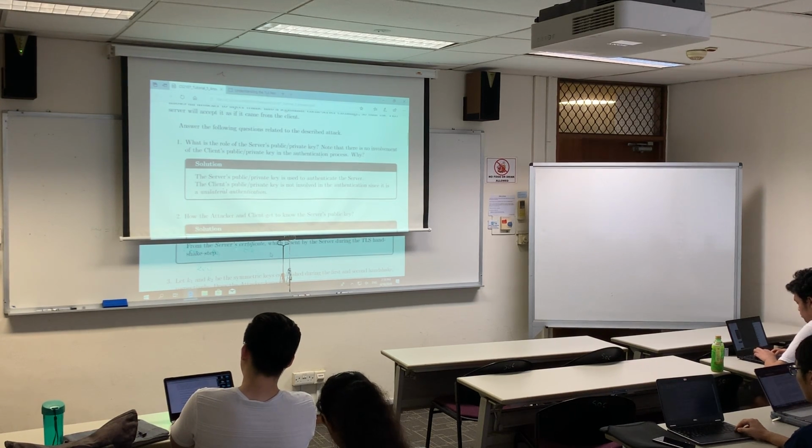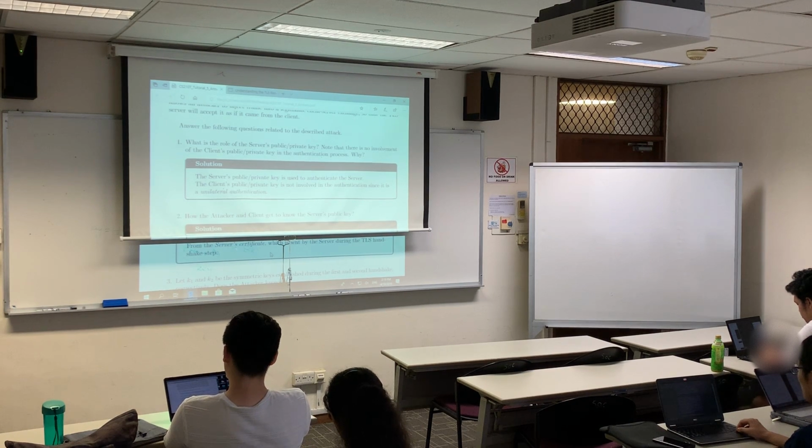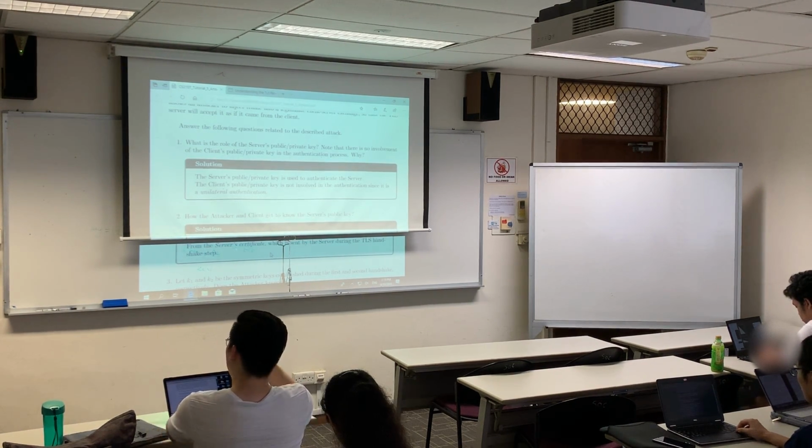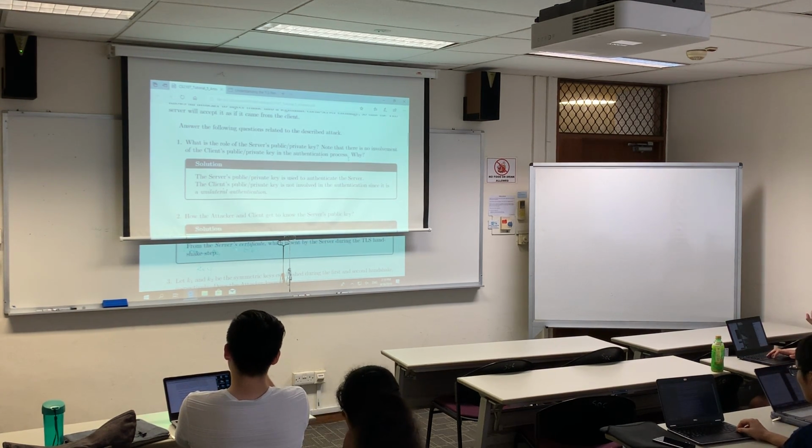So the first question is what's the role of the server's public key and private key? Of course, they are used to do the server authentication. Because when the server sends a certificate to the client, the client can use this certificate and public key to authenticate the server. And there is no involvement of the client's public key and private key in the authentication process. Why?